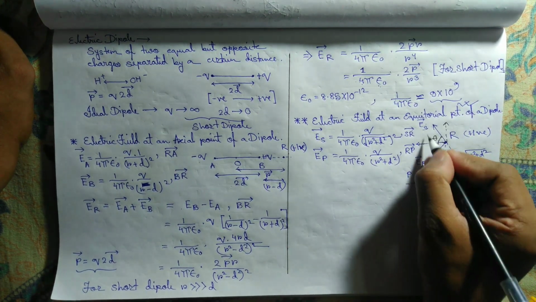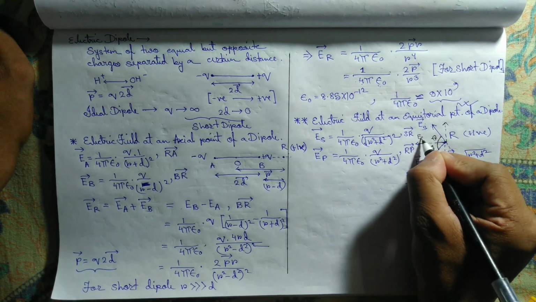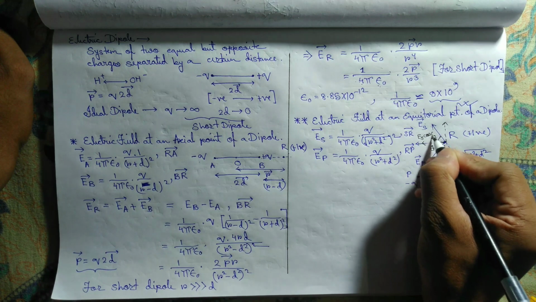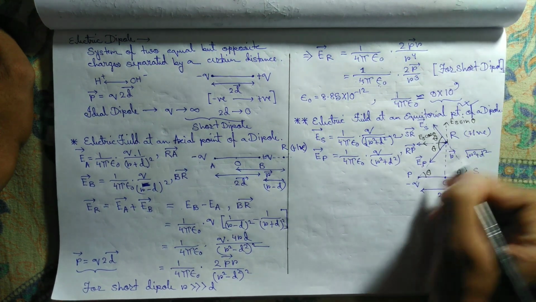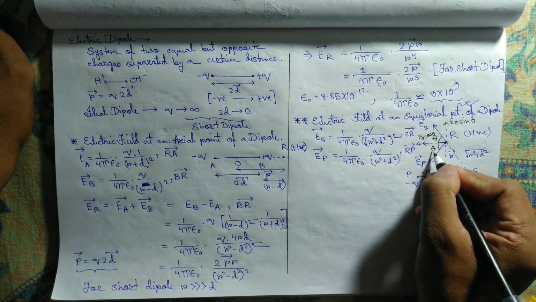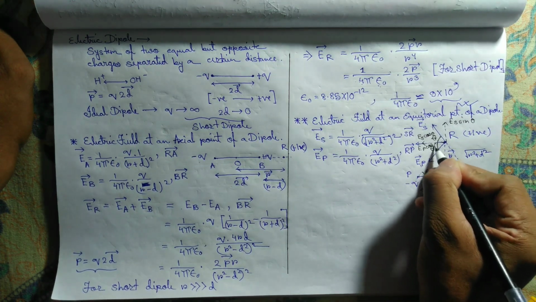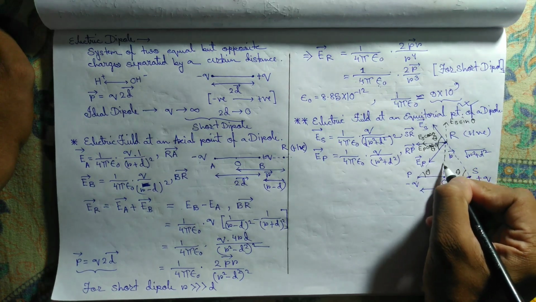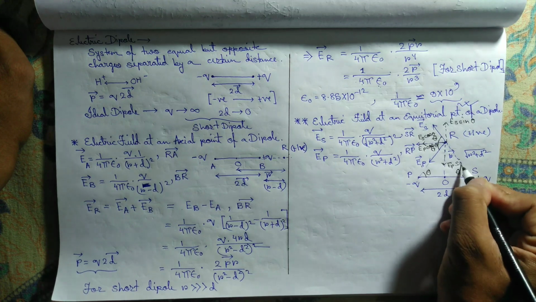So this part will be ES cos theta, and that part will be ES sin theta. And for EP, this is theta, so this will be EP cos theta, and that part will be EP sin theta.